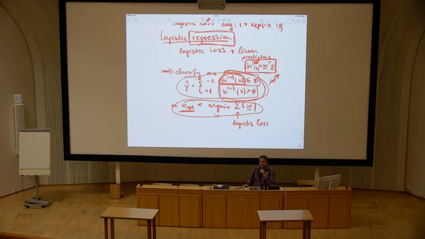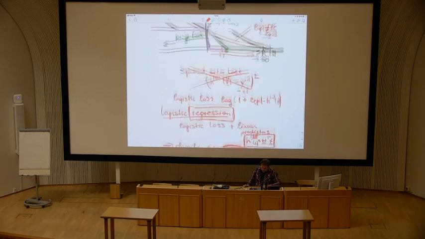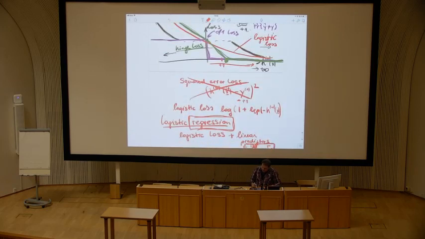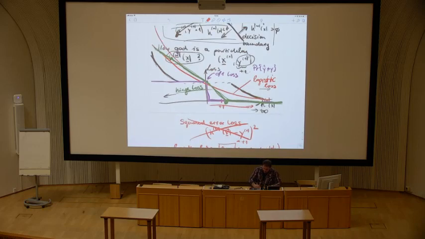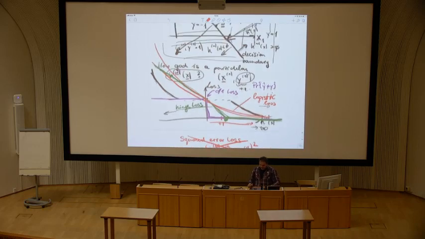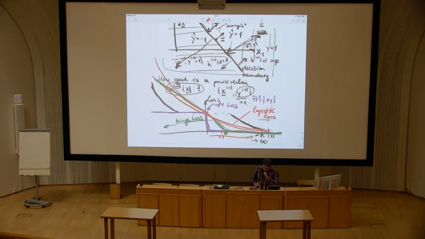Yes? So the question was, why do we use the log here and not directly an exponential? In principle we want to penalize more if the decision is very incorrect, but there's a limit.